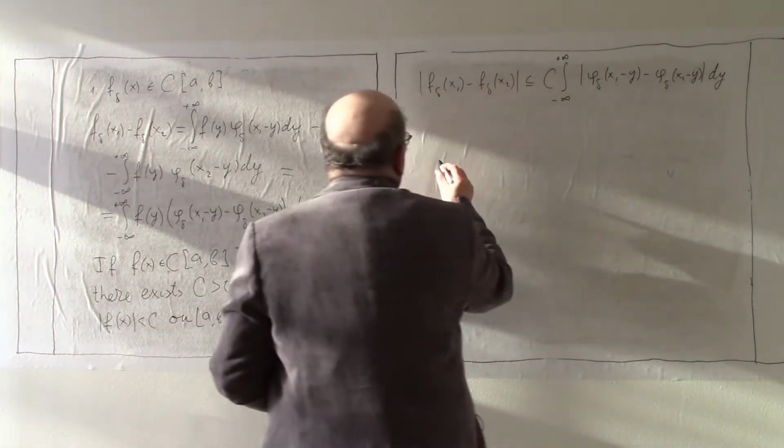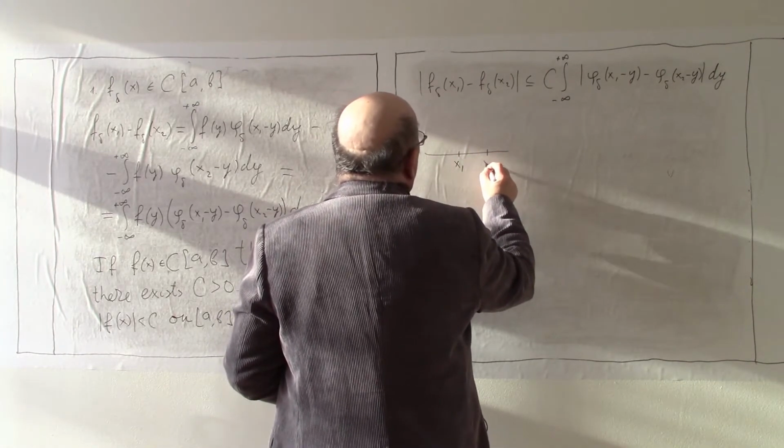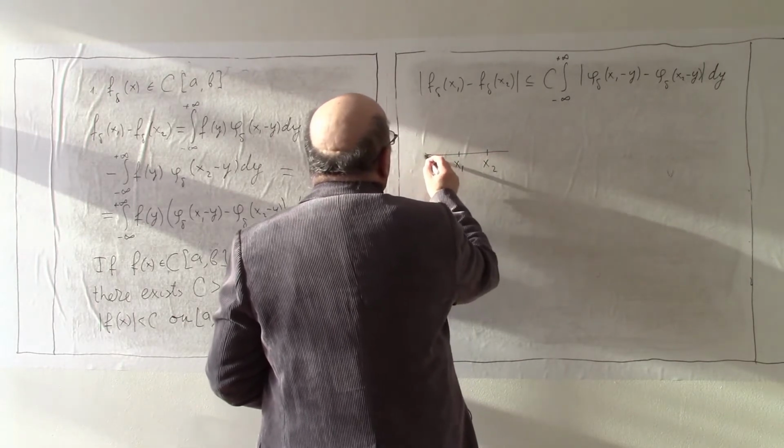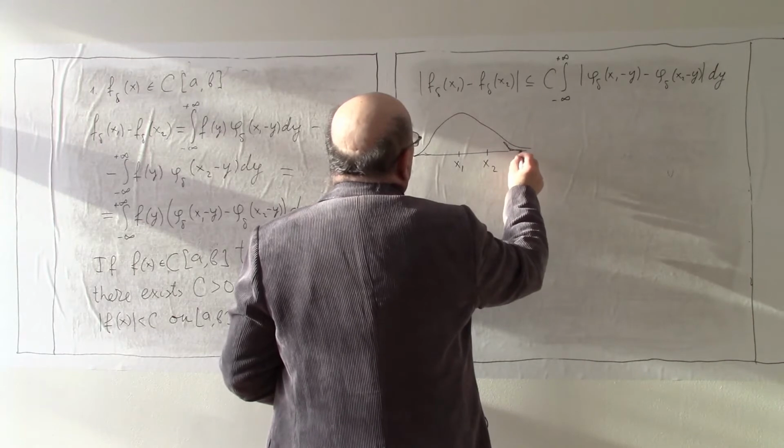Now let me draw a picture. It is x1 and this is the nearby point x2. It is a little exaggerated.